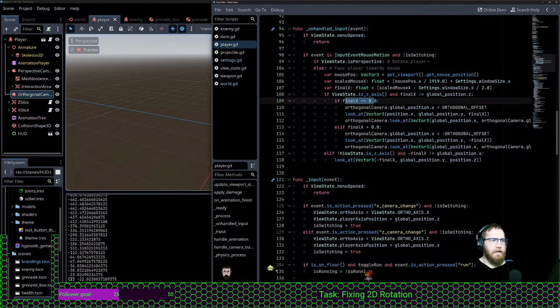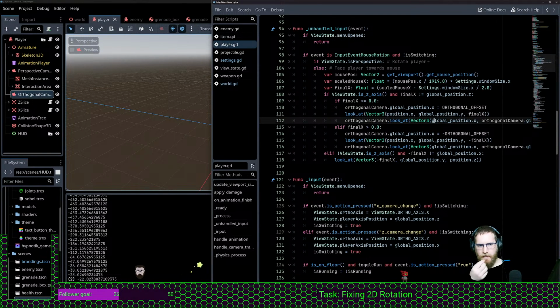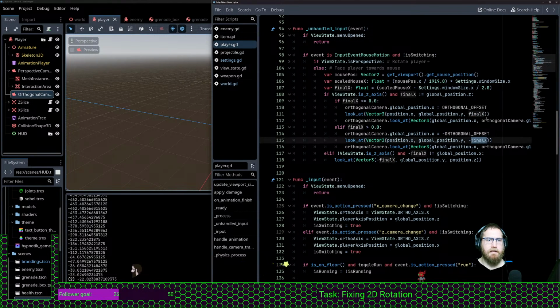If the final x is less than or equal to 0, then we face that way. Otherwise, if it's greater than 0, we face the opposite direction, basically looking towards wherever the mouse is, on the Z axis.